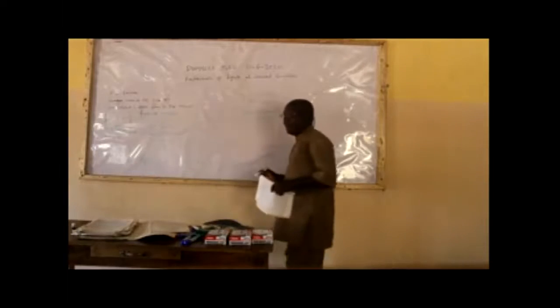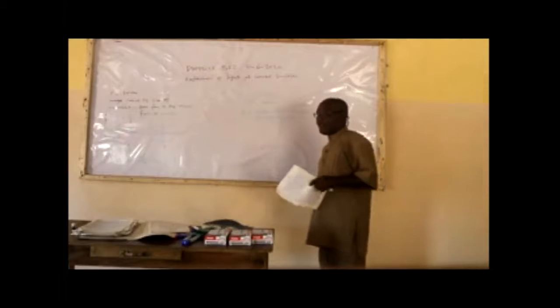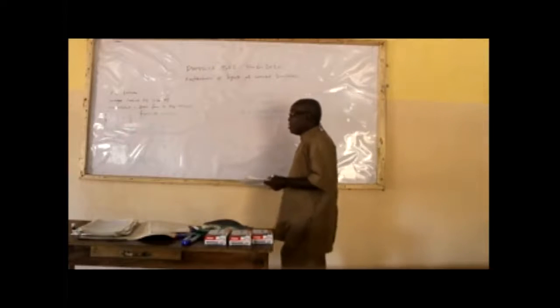Now, there are three things to do here. Before I solve this problem, I will remind you of the rules. In solving this problem, real is positive and virtual is negative. What does that mean?